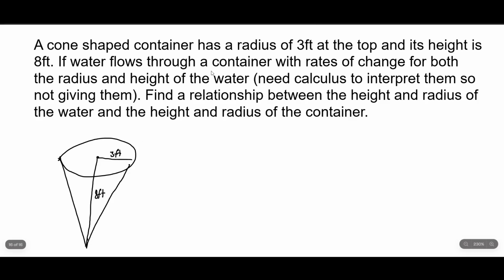We need to find a relationship between the height and radius of the water itself and the height and radius of the container. Water is flowing into this container, like from a bucket pouring water. In fact, I'm going to draw a better picture. Let's say that at this instance, this is what the water looks like. Let's just pick some random instance here.